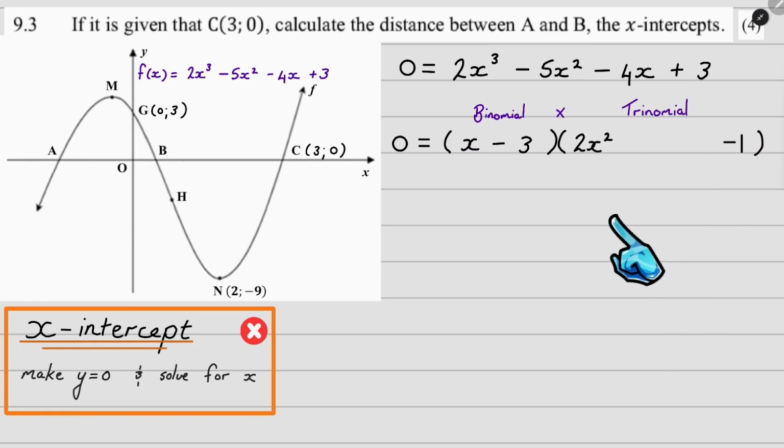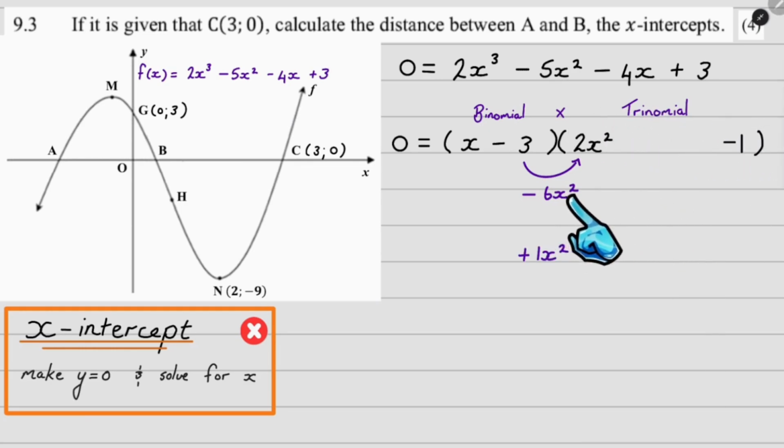And now it starts to get tricky to get the middle term here. So you start off by multiplying these two. And if I multiply these two, I get minus 6x squared. But I need minus 5x squared. So I've got to add or subtract something to this to get minus 5x squared. So I need to add 1x squared.